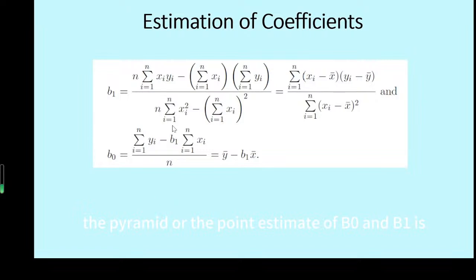So the point estimate of b0 and b1: b0 is y bar, the average of all y values, minus the average of x values times b1, and b1 is the sum of the cross product of xi and yi with respect to their corresponding mean values, then divided by the sum of squares of the xi with respect to the corresponding x bar value.